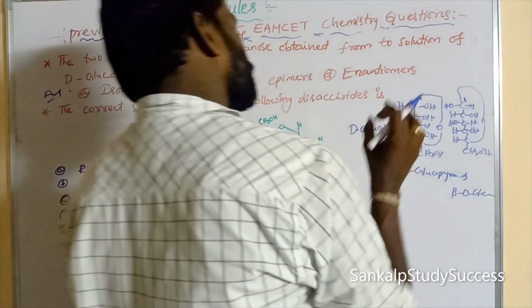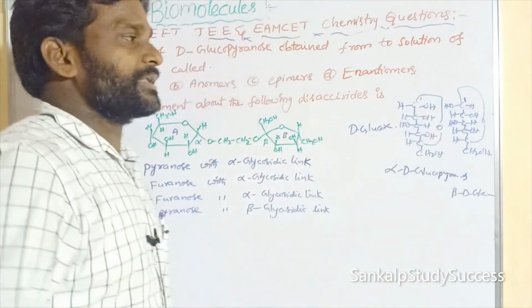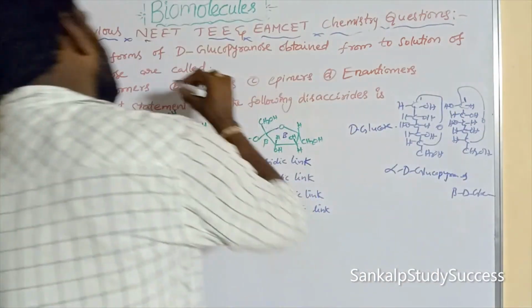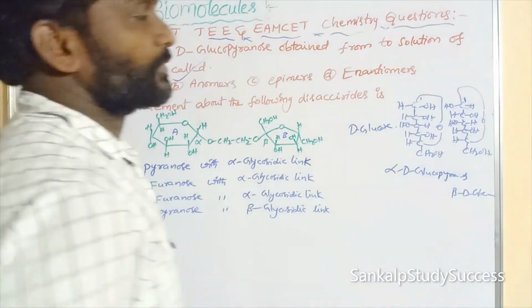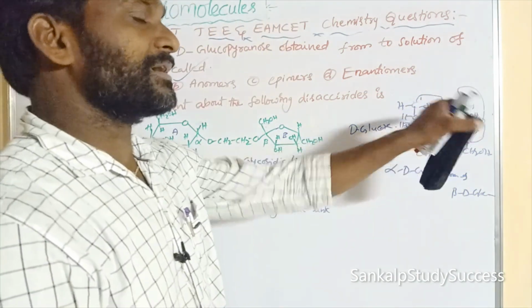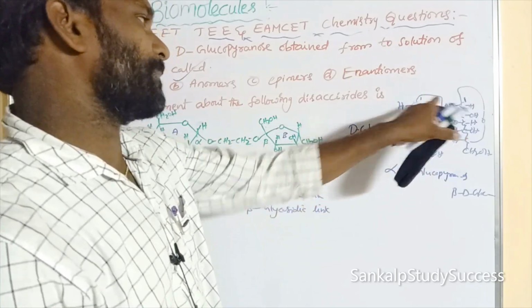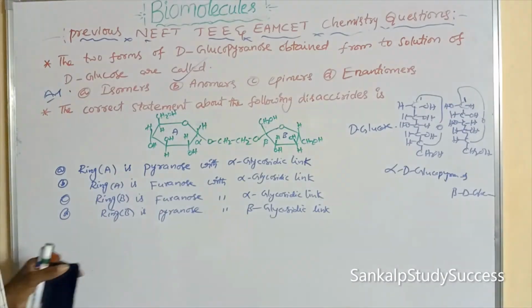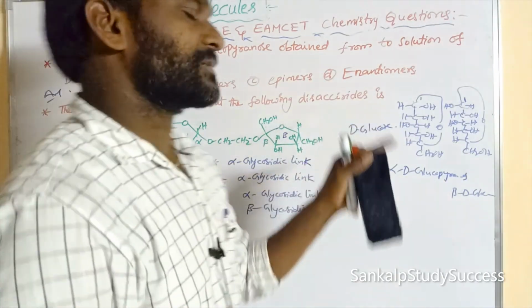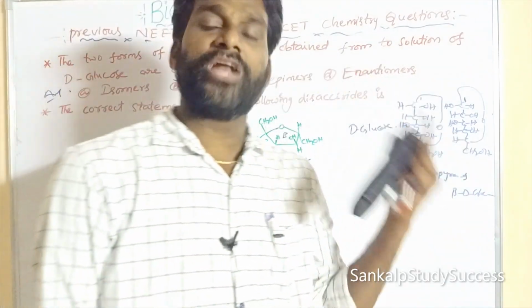So if two isomers are different in the configuration of OH at the first carbon, that is said to be anomers. So alpha D-glucopyranose and beta D-glucopyranose are anomers.